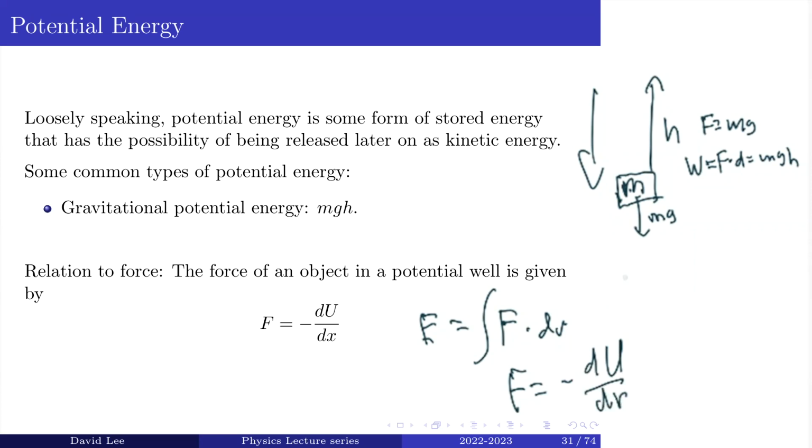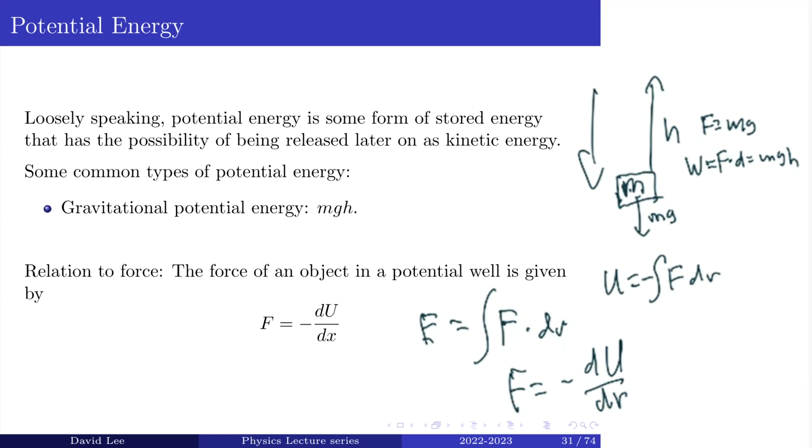This is because the way we define potential energy, U is actually negative integral F dr. So that's where the negative sign comes from. It's negative because we're taking away energy, since we're storing it inside of our potential energy.